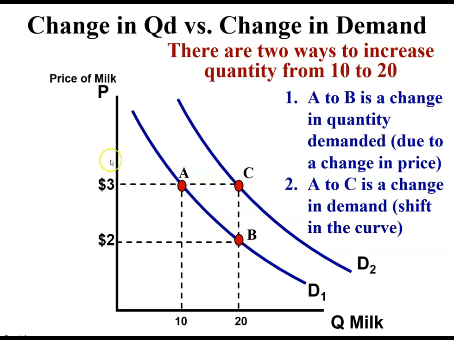The other way is to get from A to C. Something caused the entire demand curve to shift. So we have an increase in more quantity being consumed. It went from 10 to 20, but the entire curve has shifted.